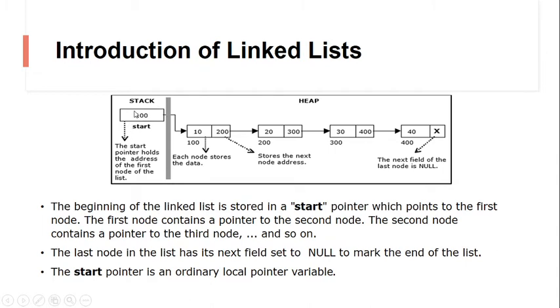It's our memory address, in which the data item input was 10. So the data item is 10, we are currently on memory address 100, and the next field is 200, which stores the next node address.